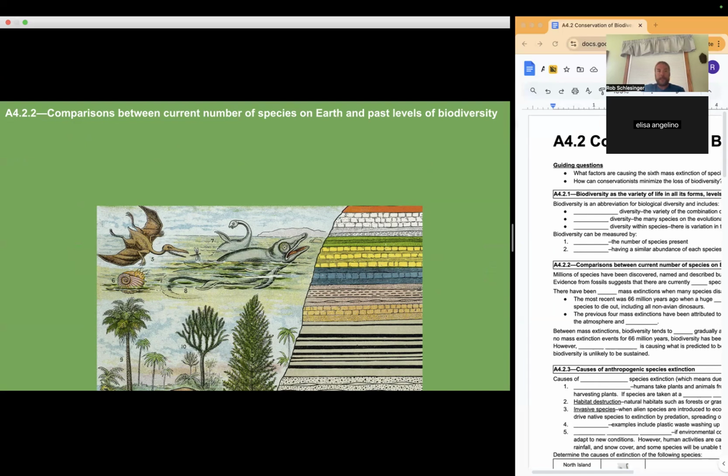8.4.2 then takes us into the major extinction level events that have happened in our geologic record. The geologic record is really hard to pin down. We're not entirely sure how accurate it is because it's really hard for living things to become fossilized. So it's a bit like trying to put together a 1,000 piece jigsaw puzzle with like 17 pieces.